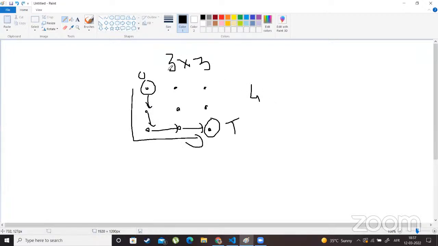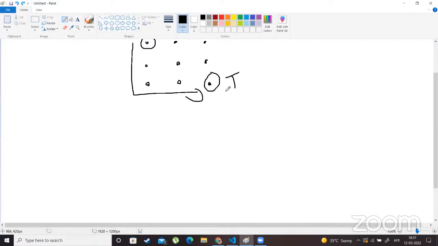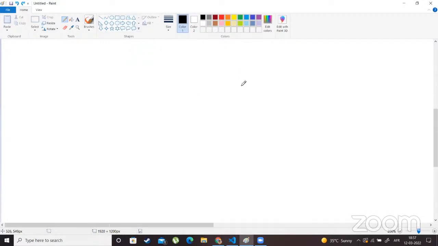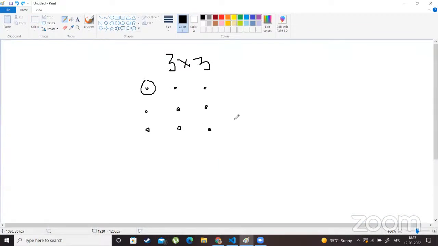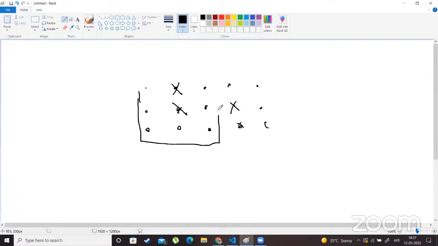But what if I do something like this? Suppose the crosses are obstacles. Now Jerry has to travel along this path. So the distance will be 1, 2, 3, 4, 5, 6, 7, 8, 9, and 10. The distance will be 10.